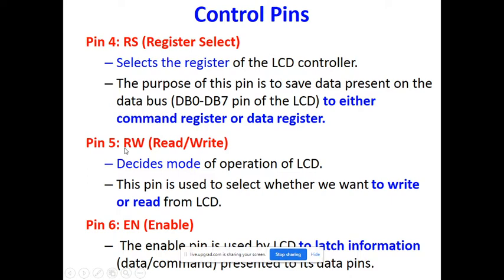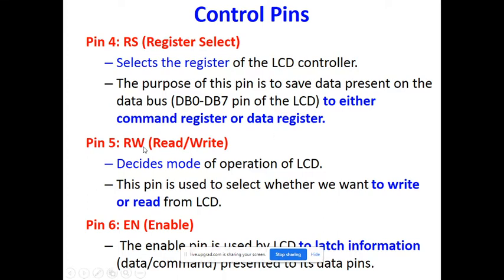The next control pin is RW, that is read or write. With the help of this pin we declare which action is performed by the controller. For example, suppose RW is equal to 1, at that time the controller wants to read something from the LCD, that is a read action.